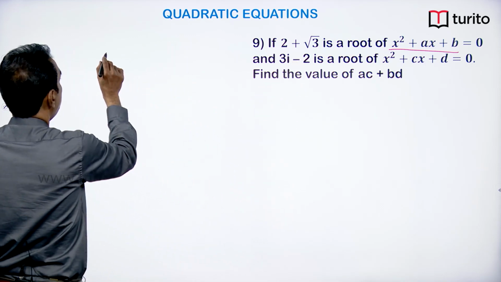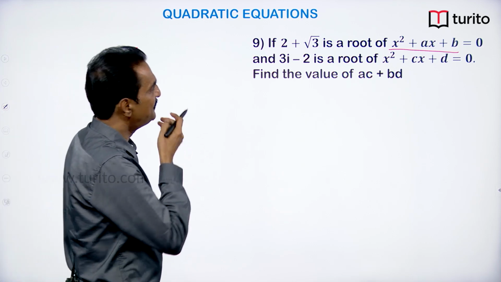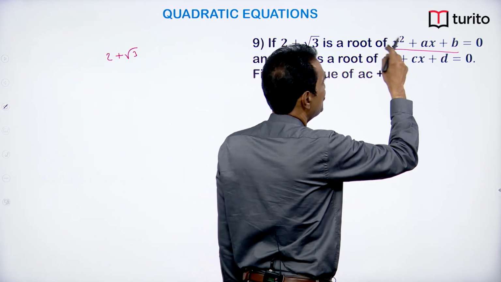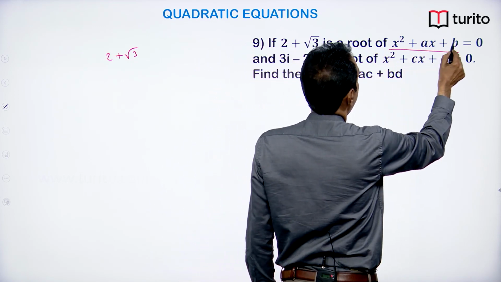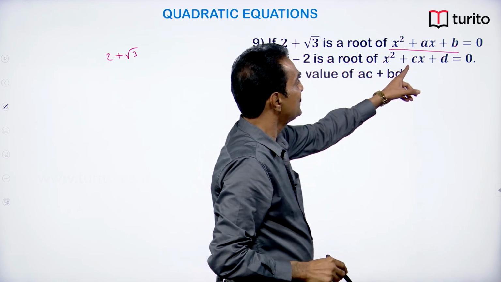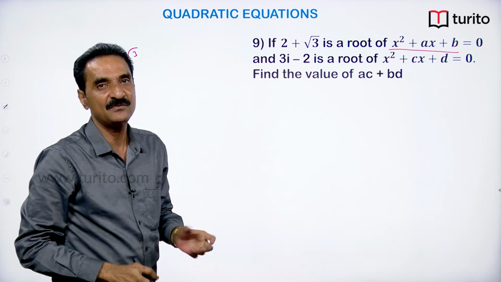Here the condition should be given: A and B must be rational, C and D must be real. Those two conditions must be given, otherwise we cannot solve the question.